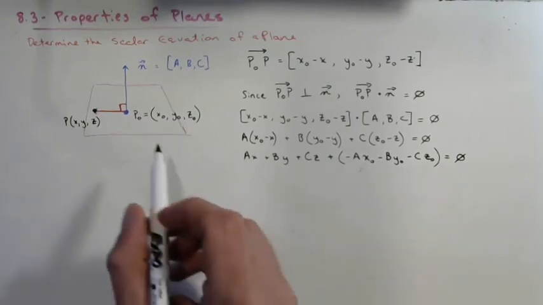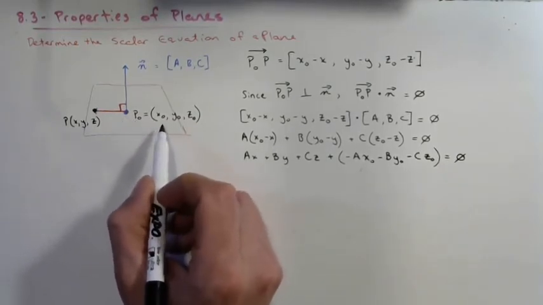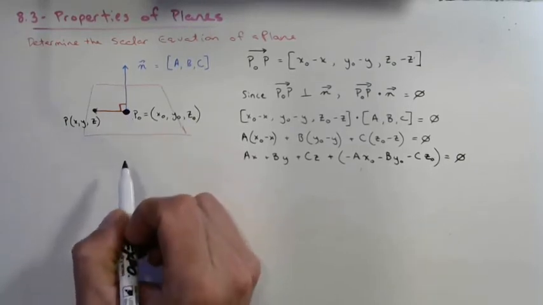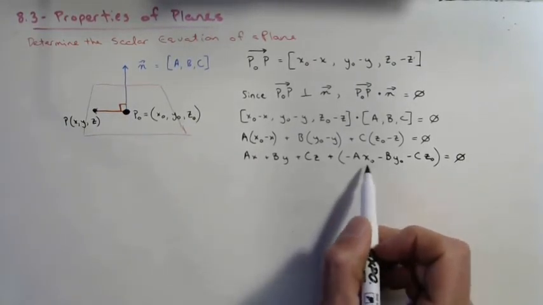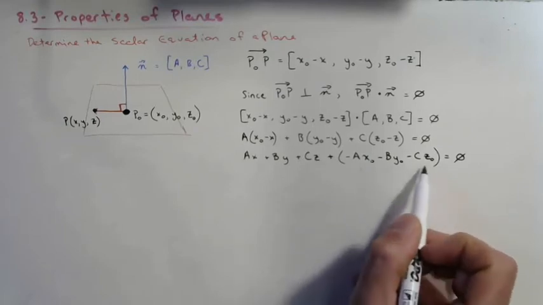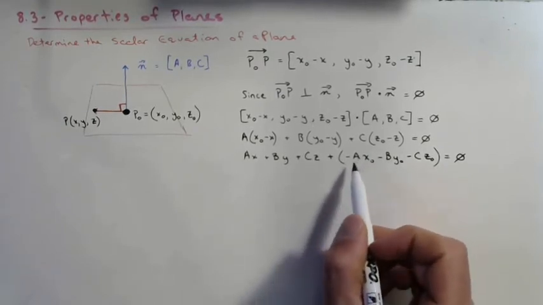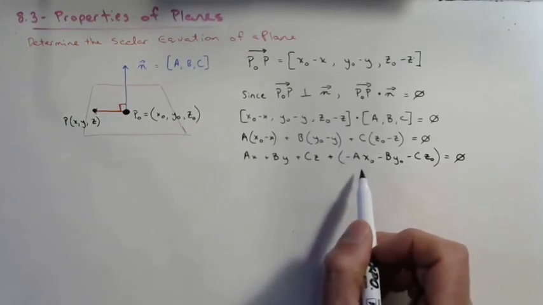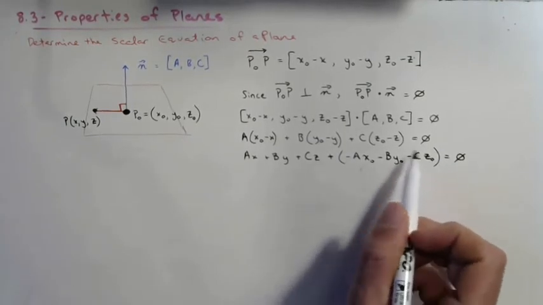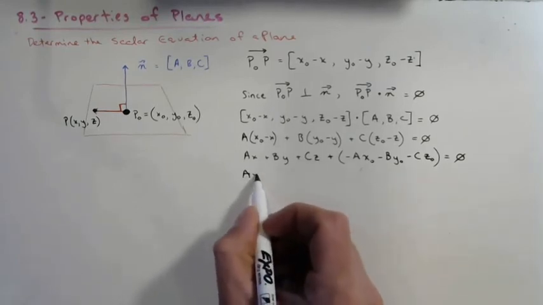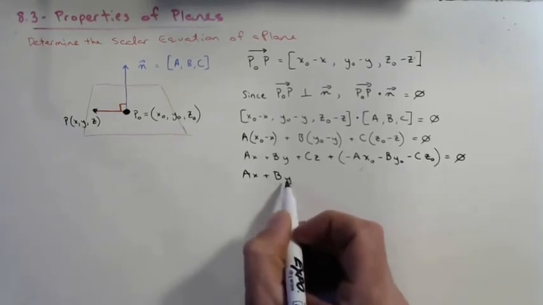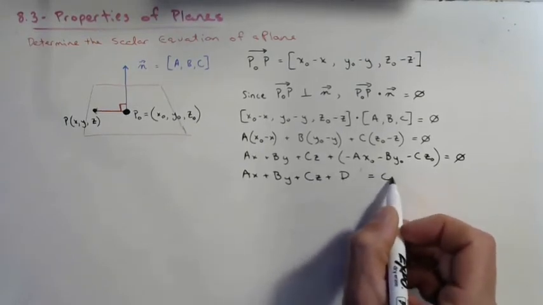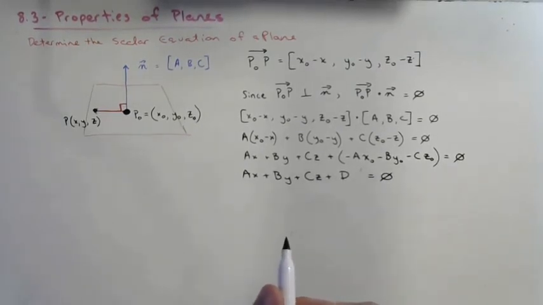And because this P naught is a point that we know the coordinates for, then this value here becomes a known value. So it is simply a constant. There are no variables left. So I can take this piece and represent it using just a single letter, D, because it is a known value.